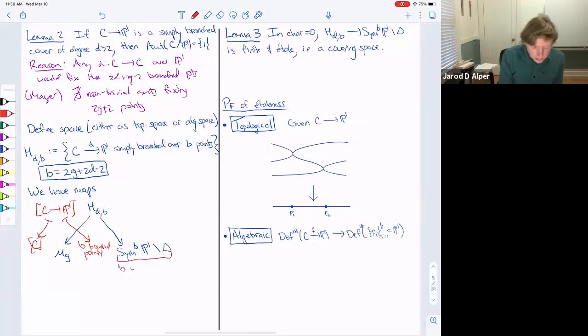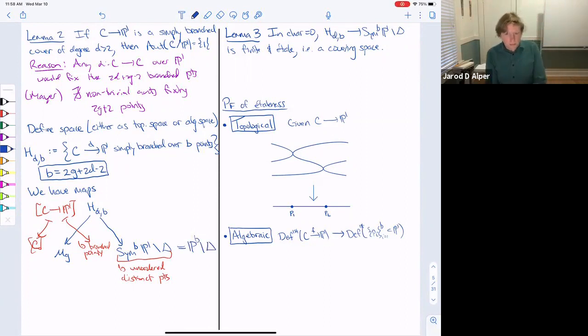These are B unordered distinct points. And this is bijective to the projective space of dimension B minus the discriminant hypersurface. And so if you're just interested in this Hurwitz space as a topological space, you can use this to define the topology on H_{d,b}.